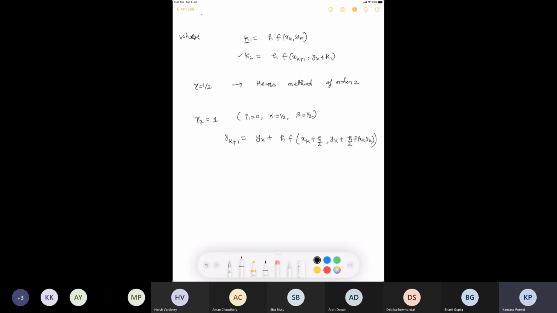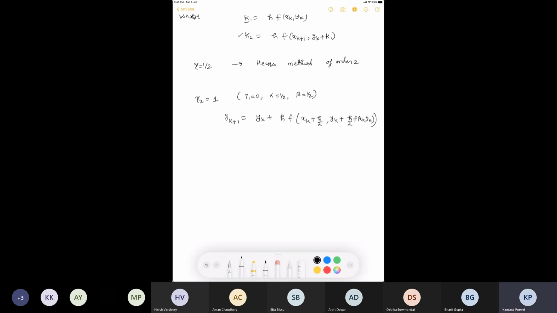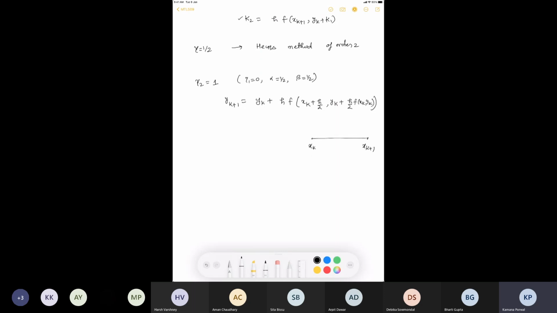Okay. So if you try to observe, what is this method? You have the interval x_k and x_{k+1}, right? How will you get this method if you just try to think? With the same analogy as Euler's method.